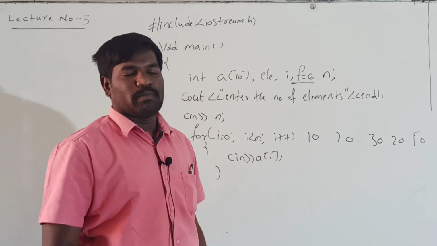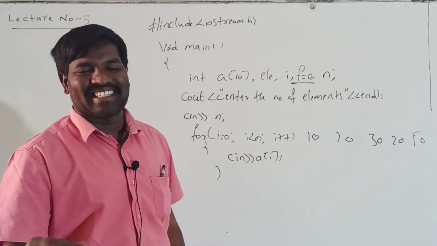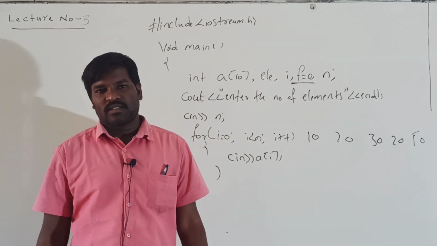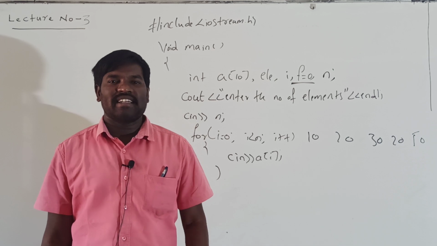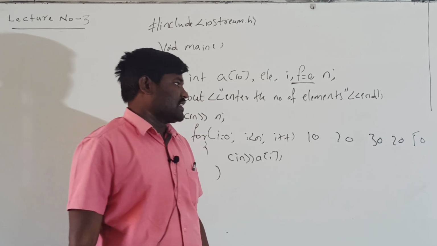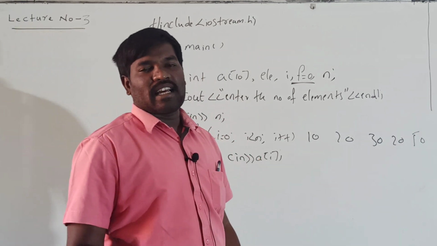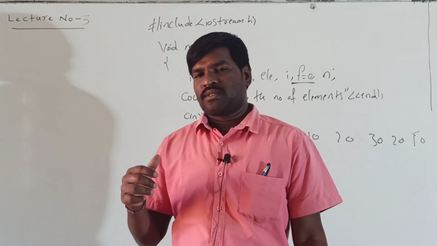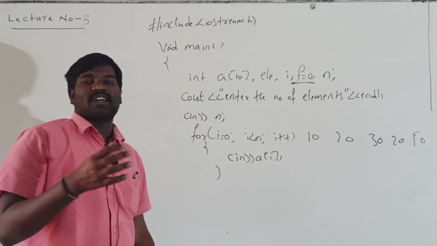So here bubble sort is one type of sorting technique. It is used to sort the array elements. Sorting means it may be in ascending order or in descending order. So I have to write the program for ascending order.